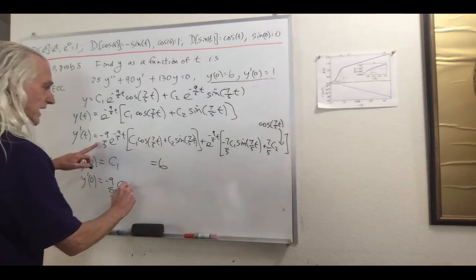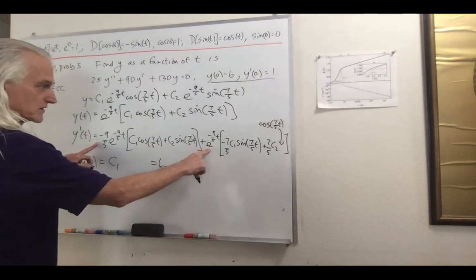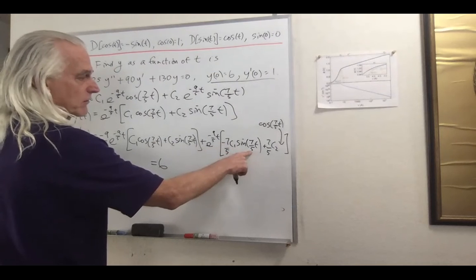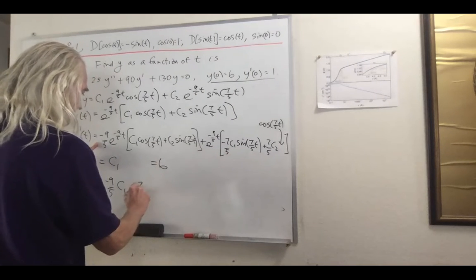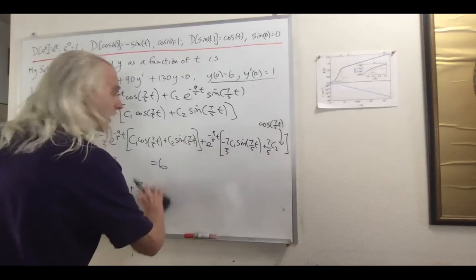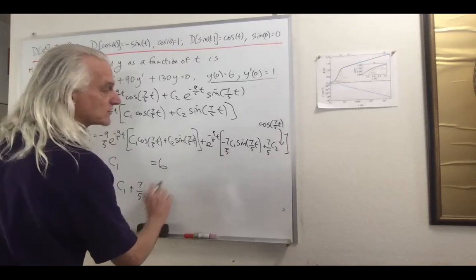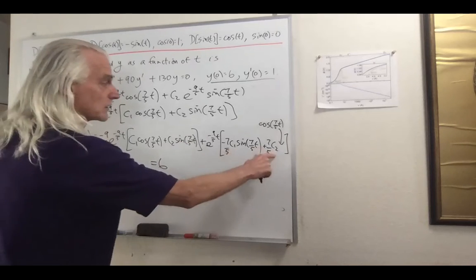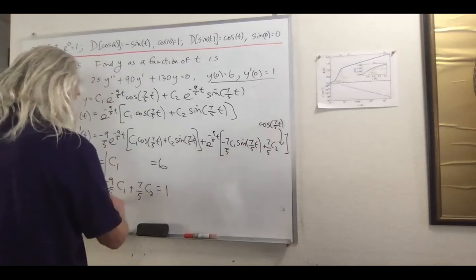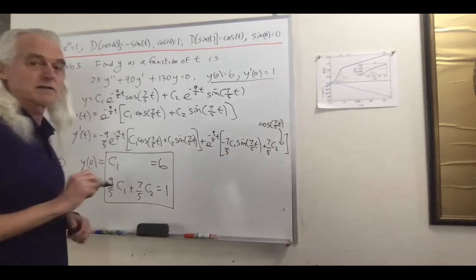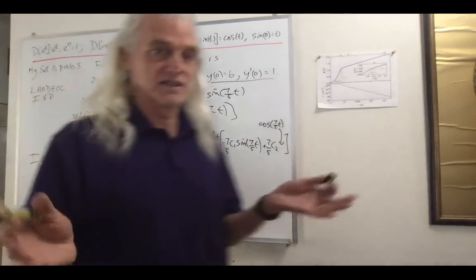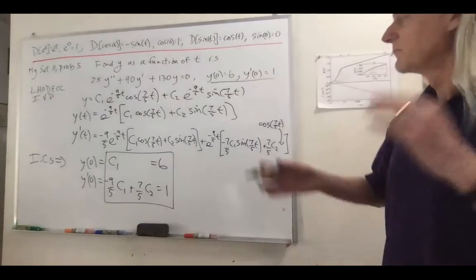And then I'm going to get a plus 1 times something times 0, plus 7/5 times c2 times 1, because cos of 0 is 1. And that equals 1. So I'm going to circle that, not that that's the end of the problem, but that is sort of a place to take a breather.